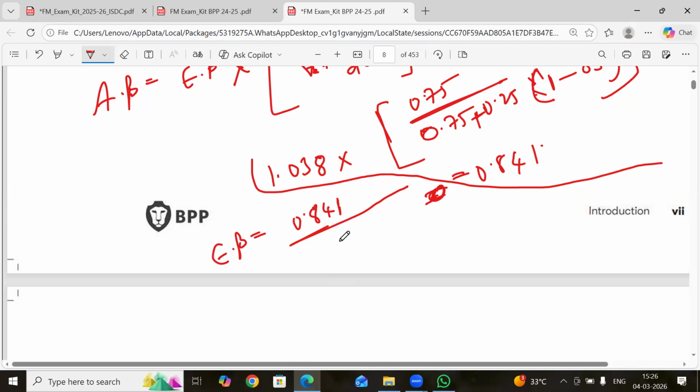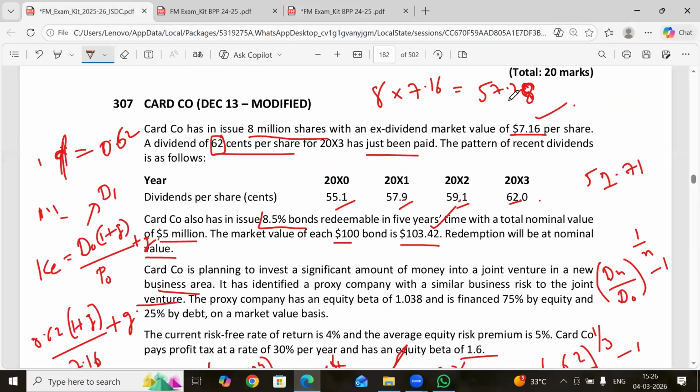So what is the debt to equity ratio? Equity was how much? 57.28, right? It was 57,280, and this is 5171. I'll just write it, 57,280. This is 8 million shares, each share trading at 7.16.